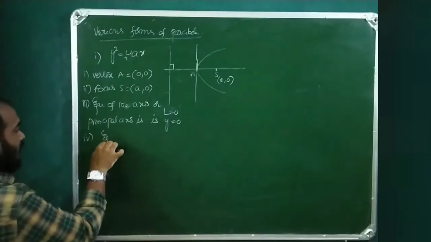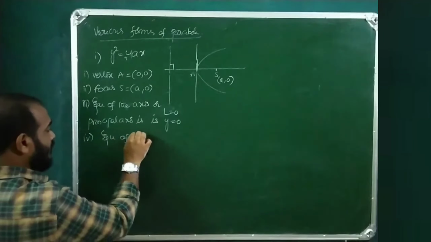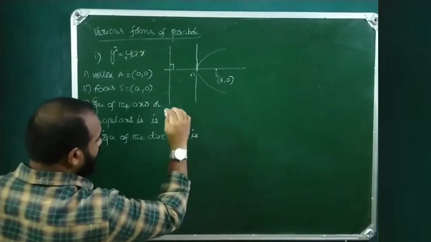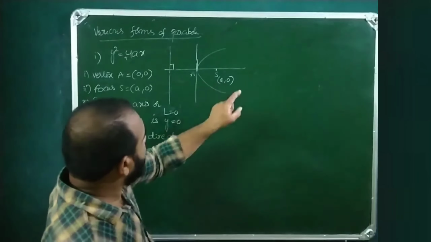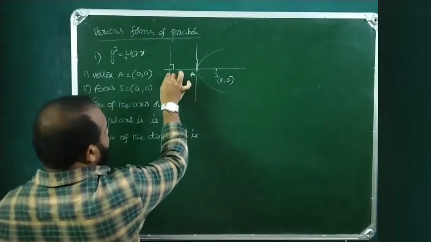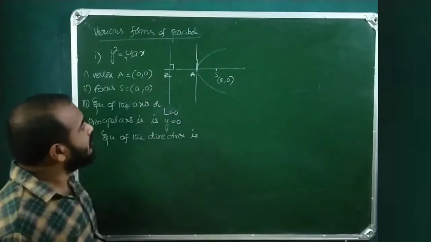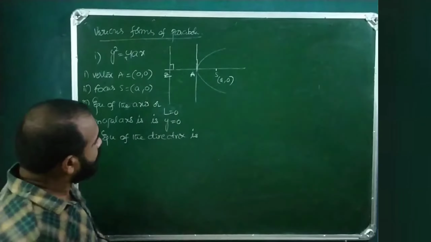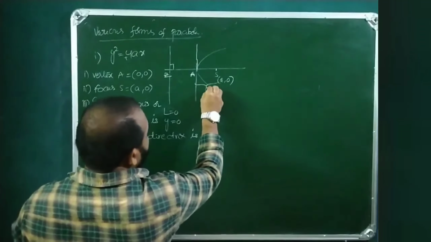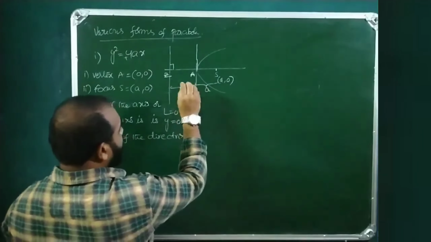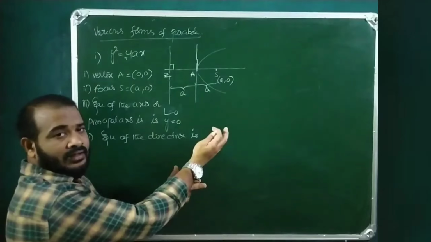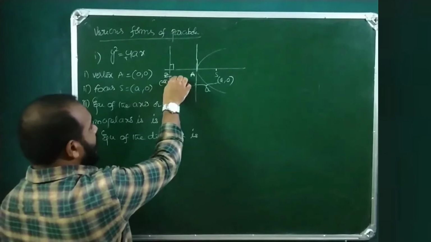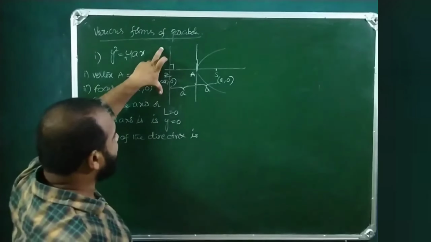And the equation of the directrix is, this is (a, 0) and this is Z. This Z is the foot of the directrix. If this is a, this is also a, but Z lies on the negative x-axis, so it is (minus a, 0).